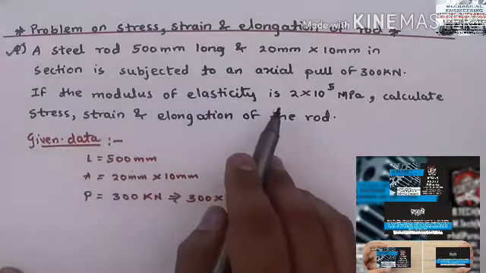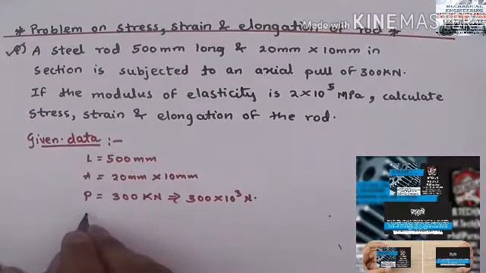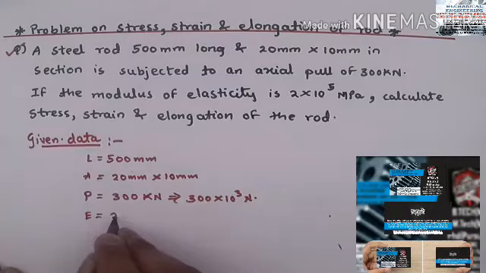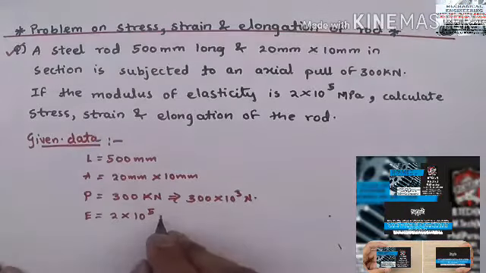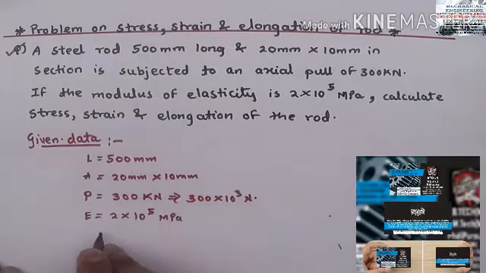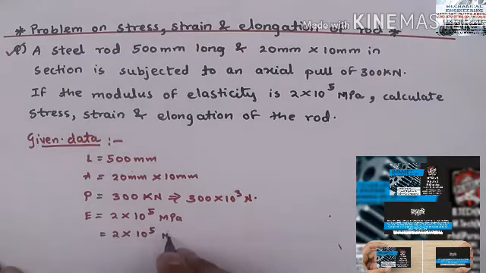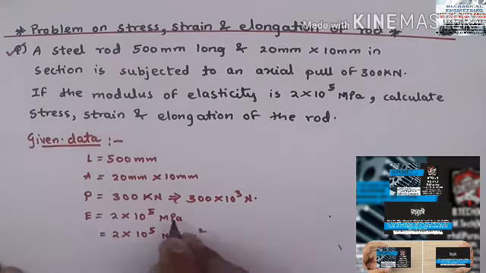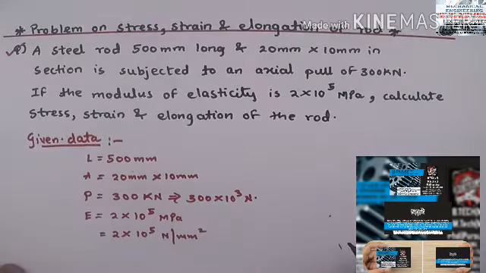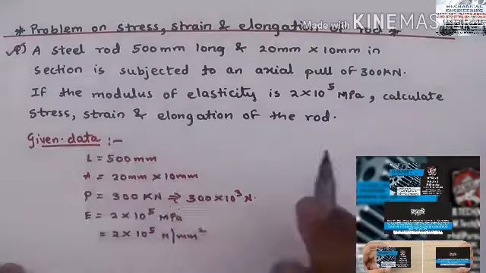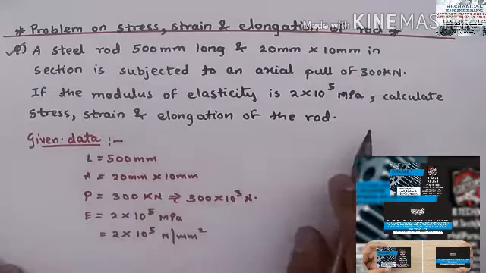If the modulus of elasticity, capital E, is given as 2 into 10 raised to 5 megapascal, we have to convert this. It becomes 2 into 10 raised to 5 Newton per mm square, because 1 megapascal is 1 Newton per mm square. Calculate stress, strain and elongation of the rod.